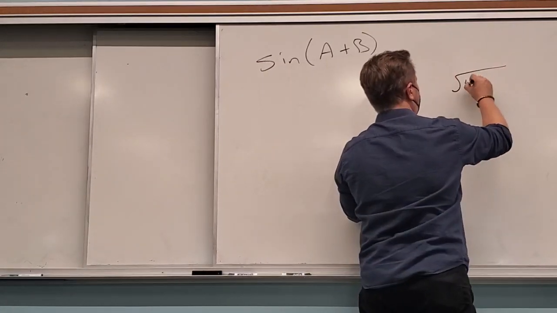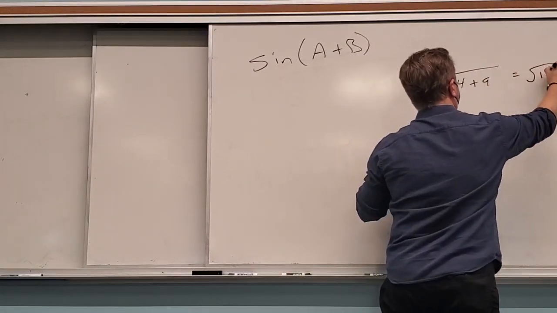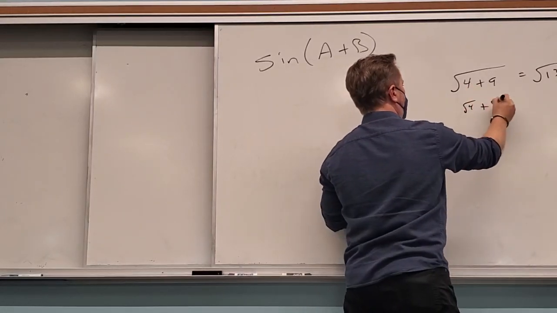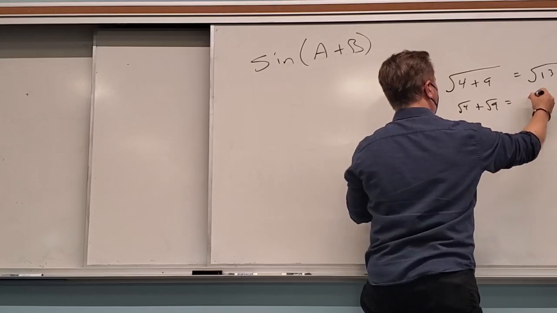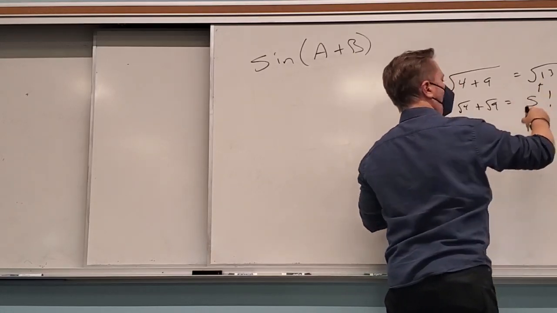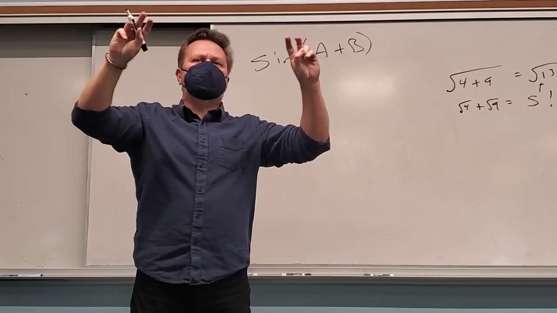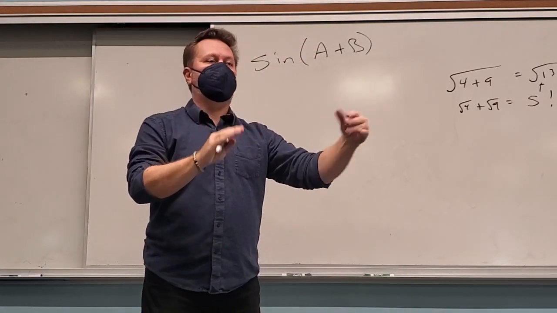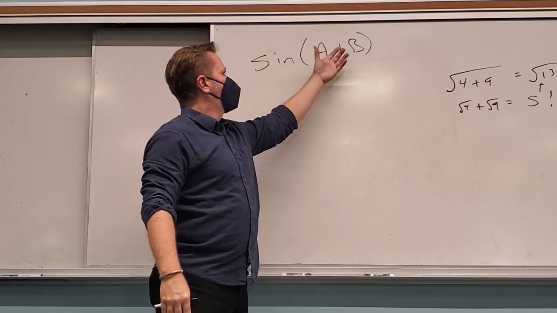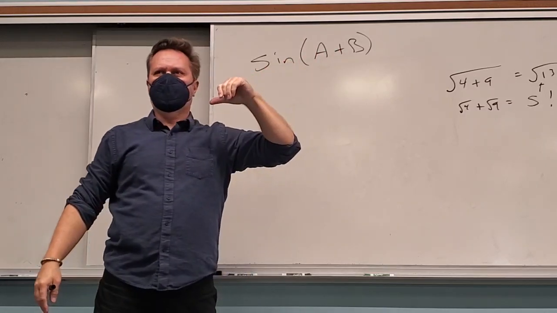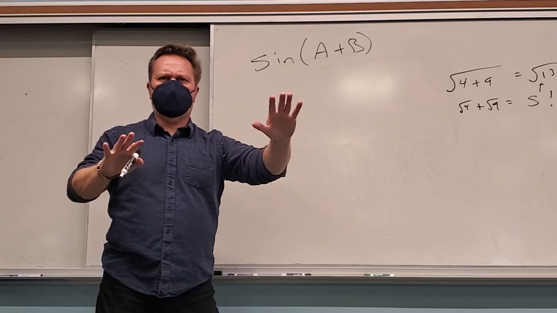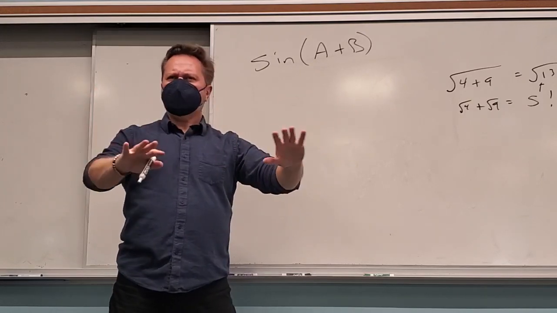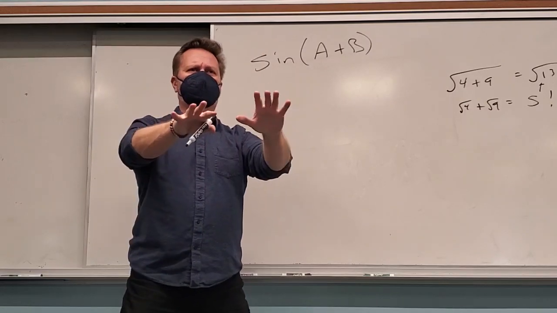What's the square root of 4 plus 9? It's the square root of 13, right? It's not the square root of 4 plus the square root of 9. It's not 2 plus 3. It's not 5. So I can't distribute a square root symbol because I'm taking the square root of all the stuff. I'm taking the sine of all this stuff. Are you guys with me? Okay, good.